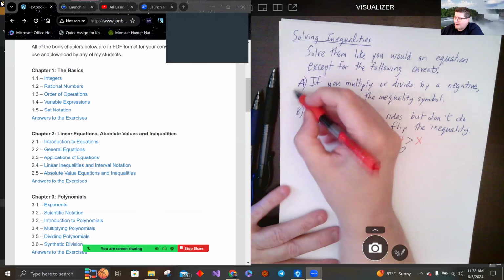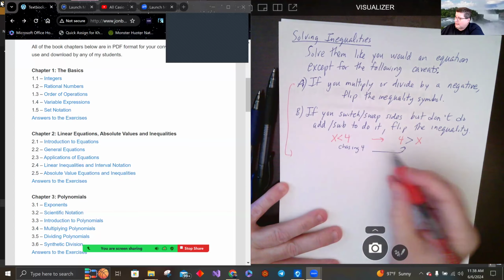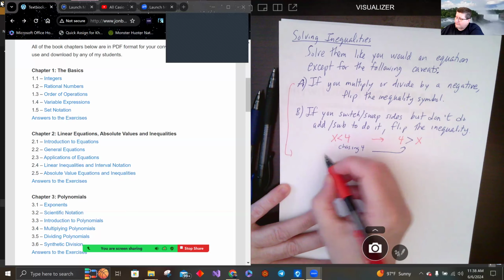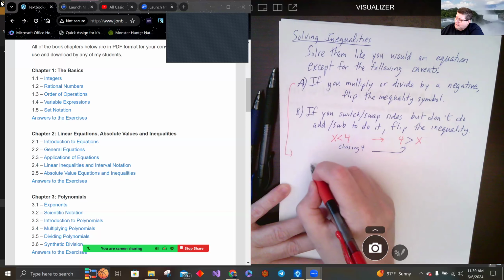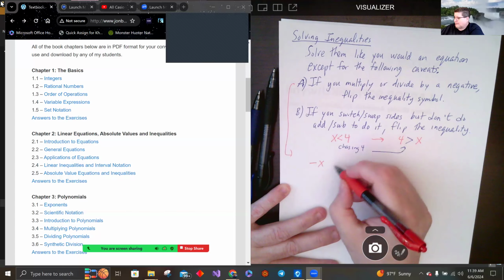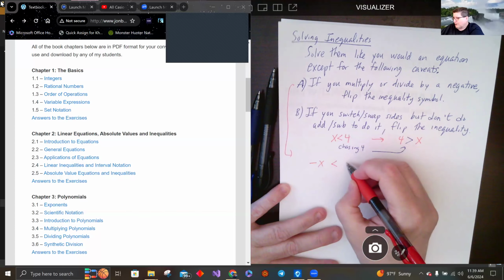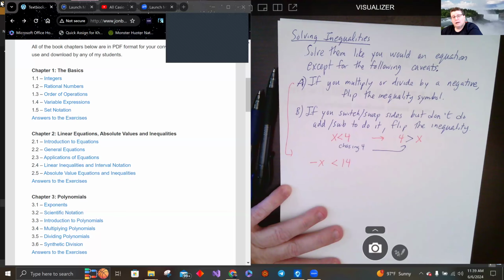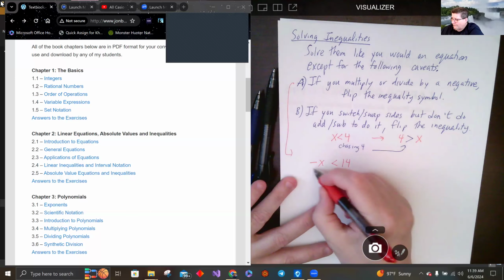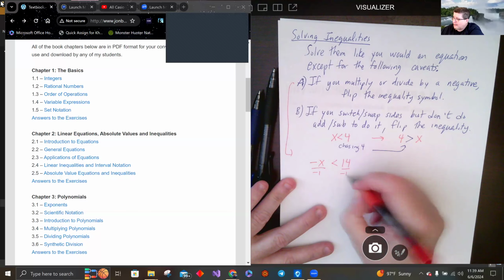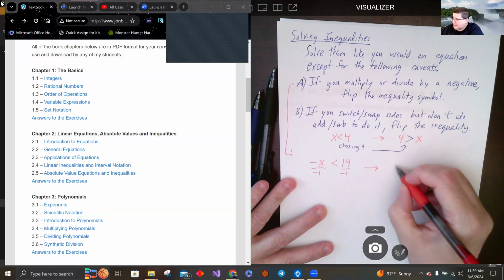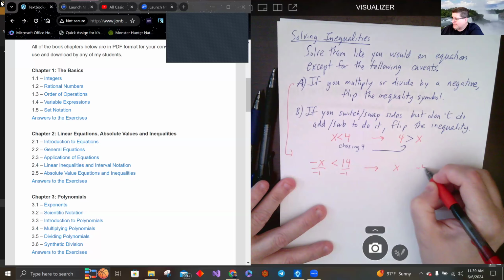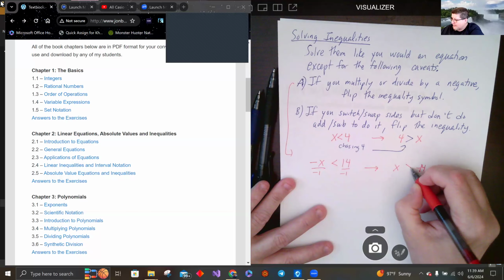An example real quick. If I have negative x is less than 14, and I divide by a negative, this becomes x is greater than negative 14.